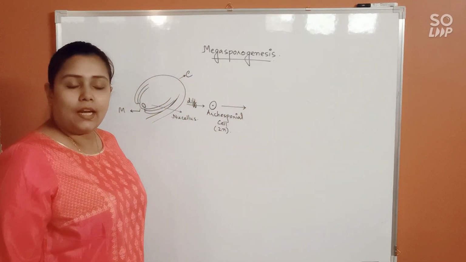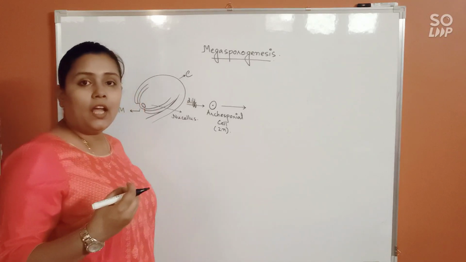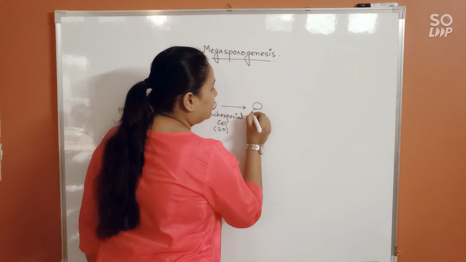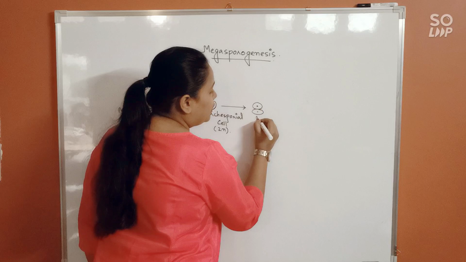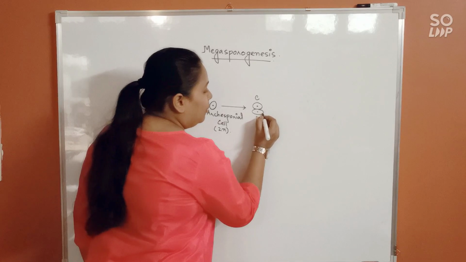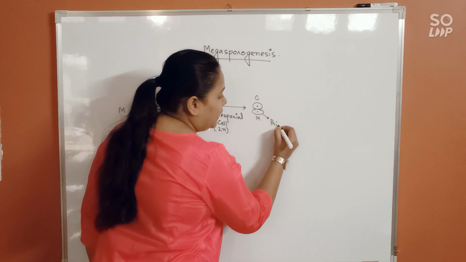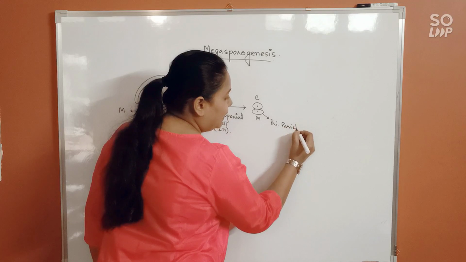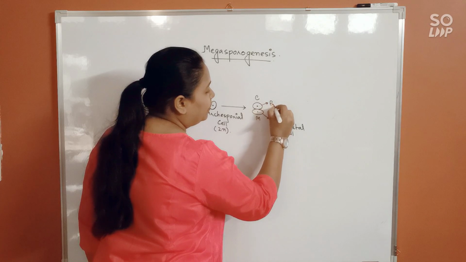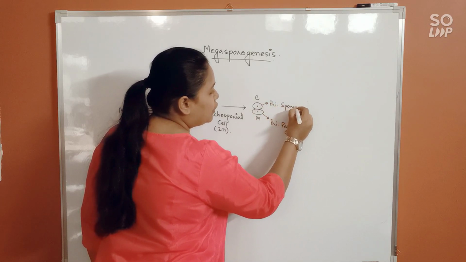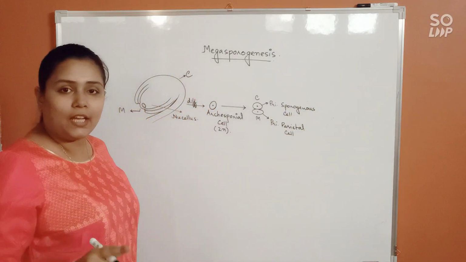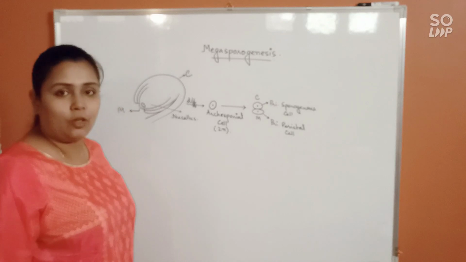The archesporial cell will further undergo periclinal division, giving rise to 2 cells. This is towards the micropyle, this is towards the chalaza. Towards the micropyle, it is going to form the primary parietal cell, and towards the chalaza, it's going to form the primary sporogenous cell, just like we have discussed in microsporogenesis.